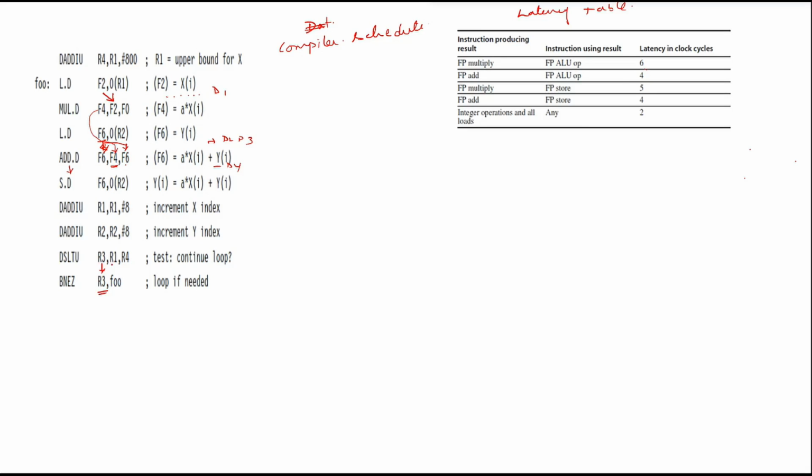Clear? So based upon the dependences only, we need to go for the total number of stalls.